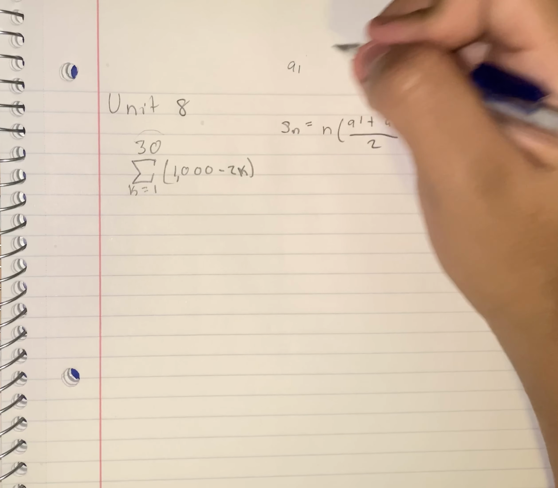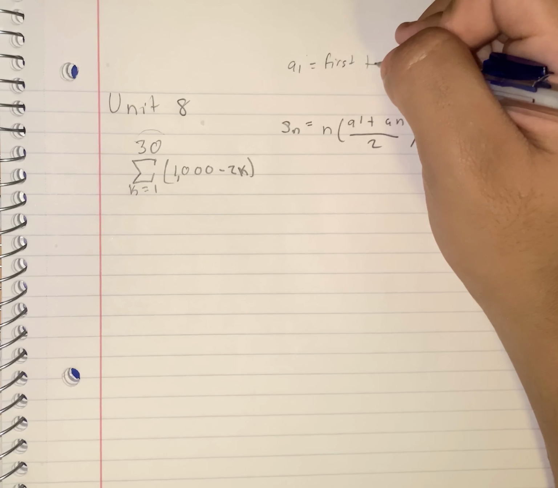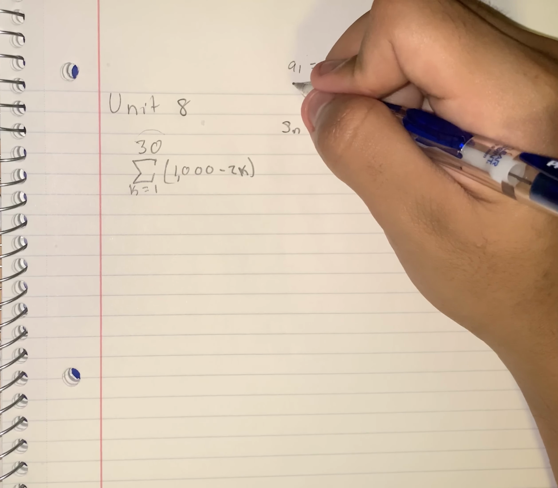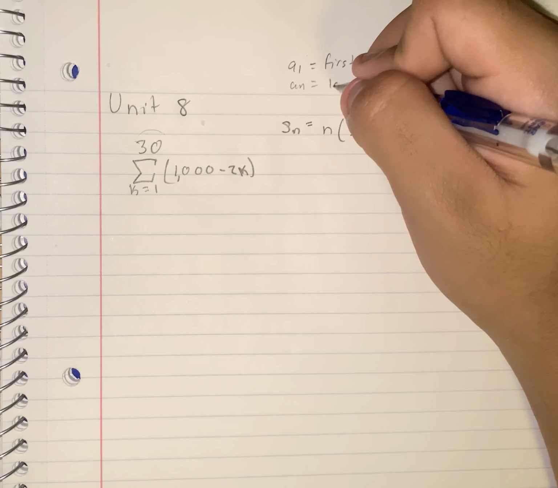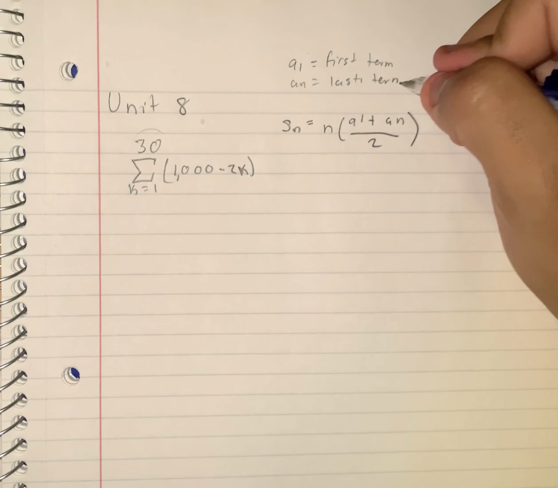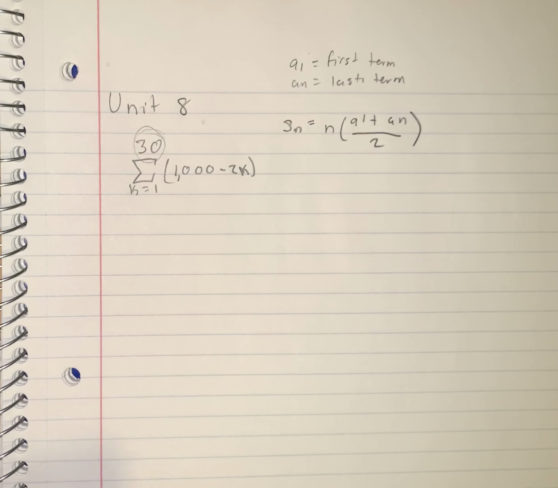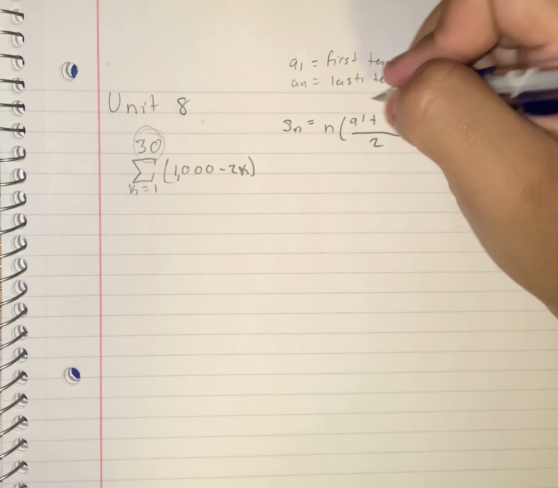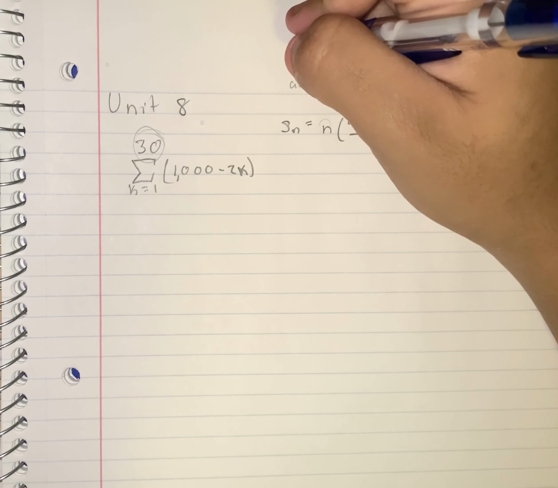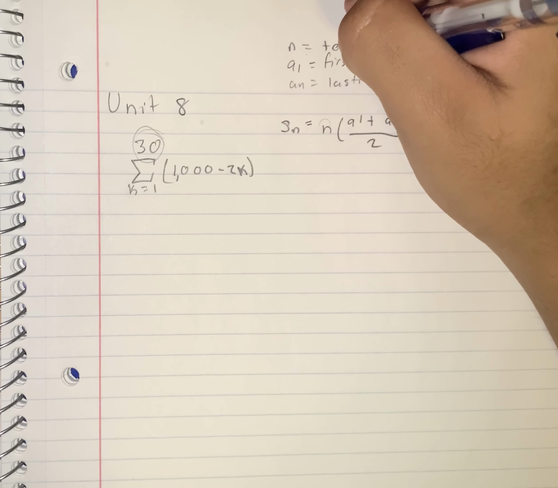Yeah, you can see it. a1 equals the first term, and an equals the last term, which in this case is 30 right here. And n equals your term, whichever term you're looking for.